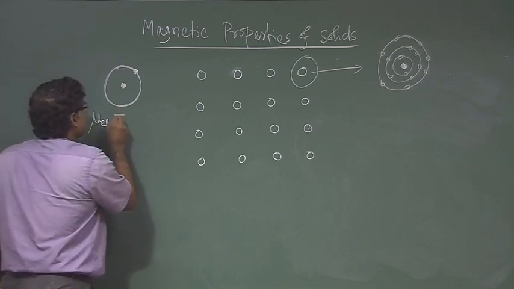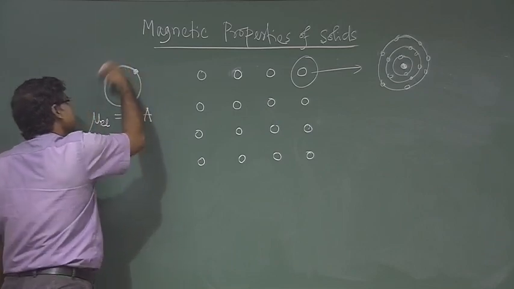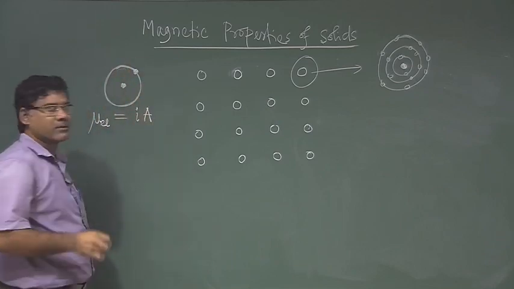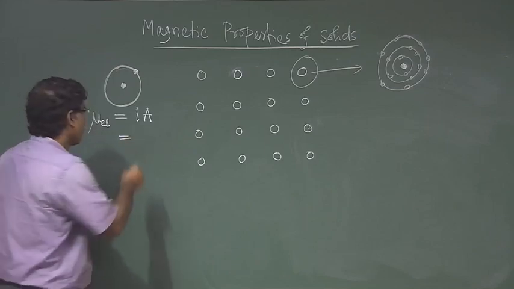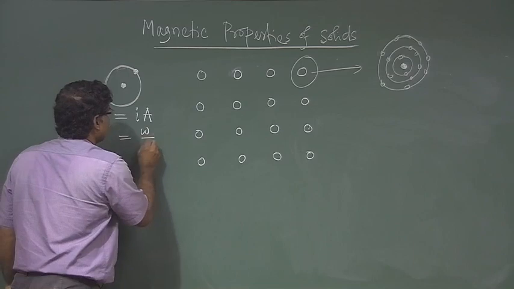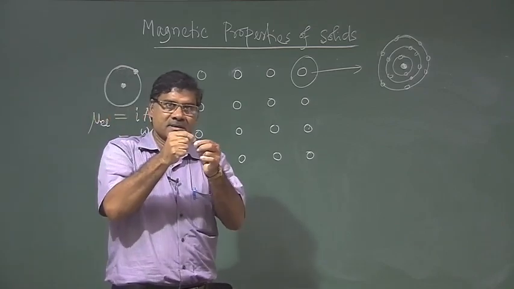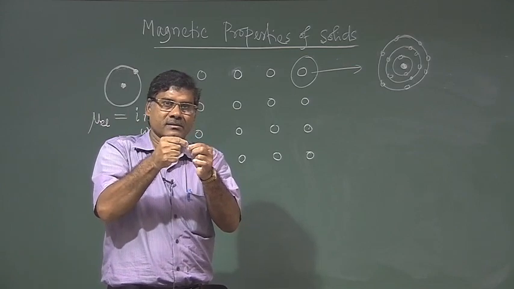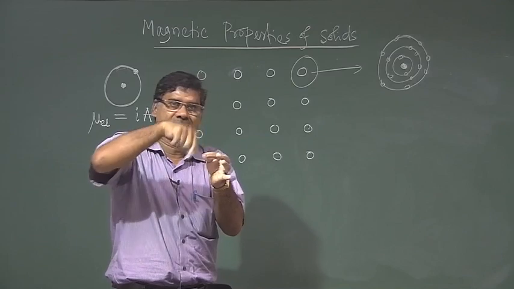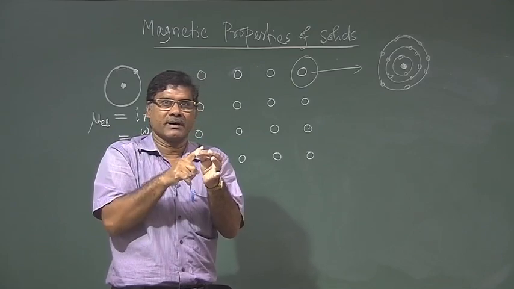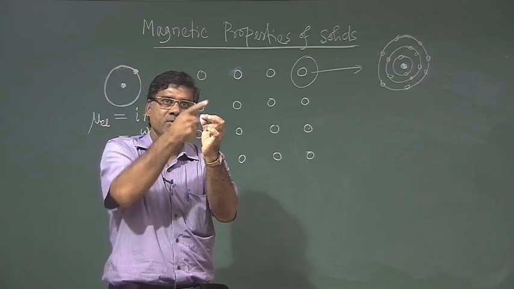So, mu E L is I times A, the current in this closed loop and the area of the closed loop. I is omega by 2 pi times the charge, where omega by 2 pi is nu, meaning in 1 second the electron will rotate nu times. So the charge passes through a point nu times.